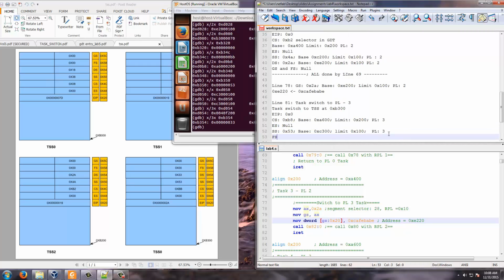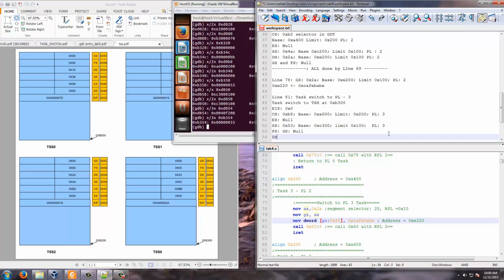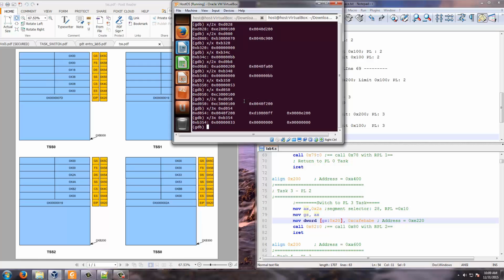So your code segment is at 30, your FS and GS are null. So please note that your FS and GS both are null and your data segment is at 0x33, which is actually 0x30. So let us go and find out what is there in 0xB330, 30. Sorry, D030.